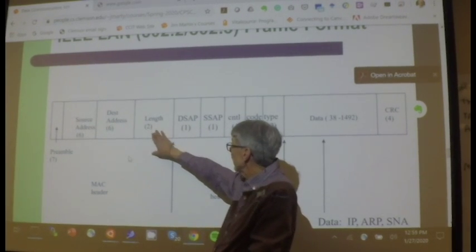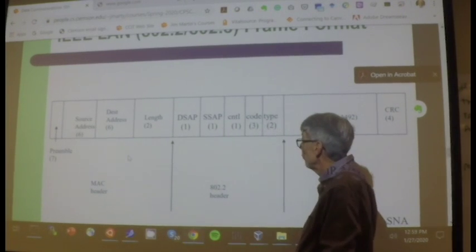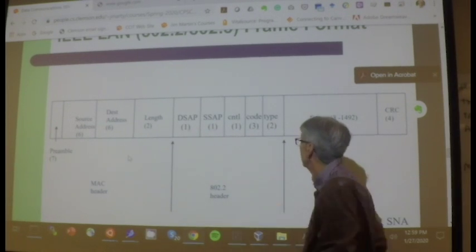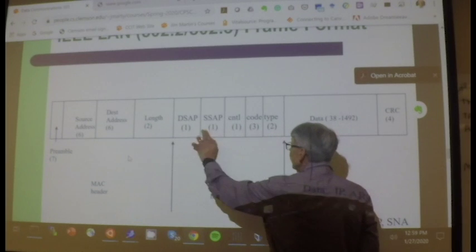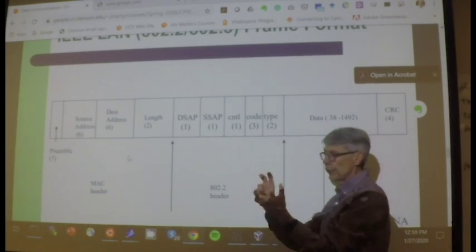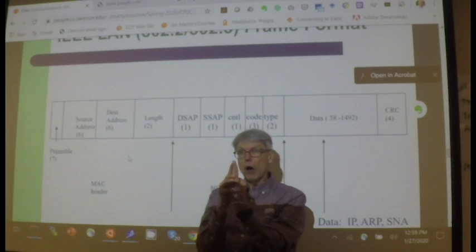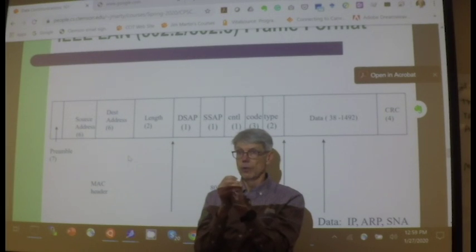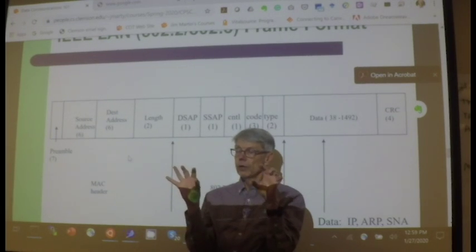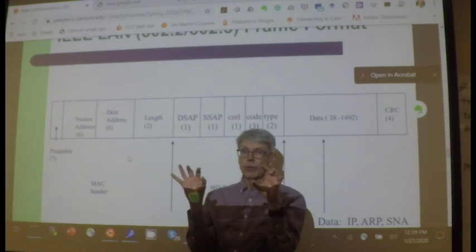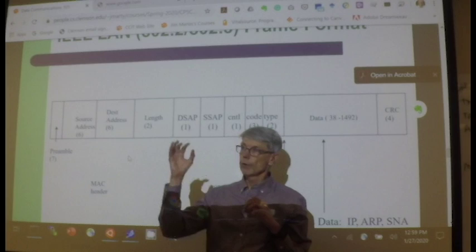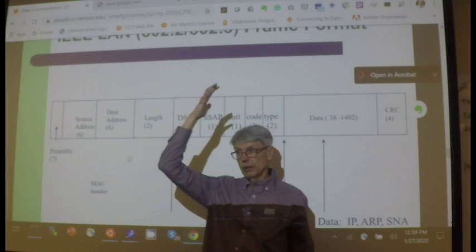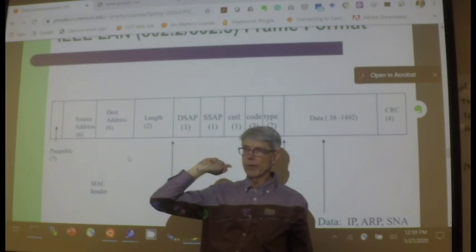The 2 octets for the total length, the total number of bytes in the frame. This is more or less used by the link layer to figure out how to forward upwards the data in this frame. In other words, the link layer is being multiplexed by other protocols. For example, there might be a LAN protocol, like something way back when called NetBIOS.